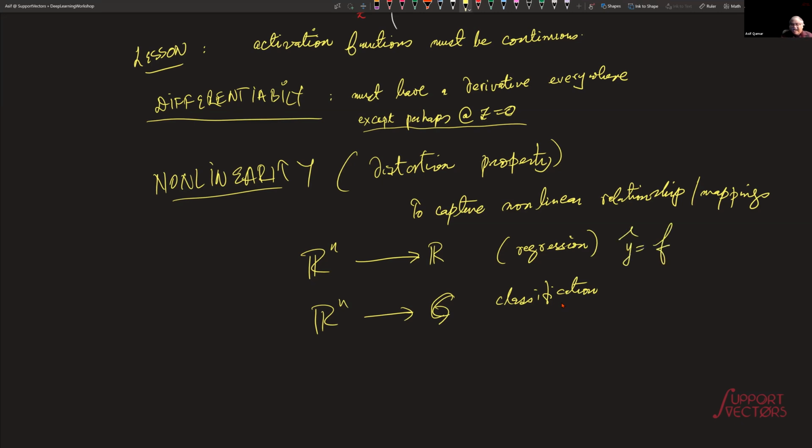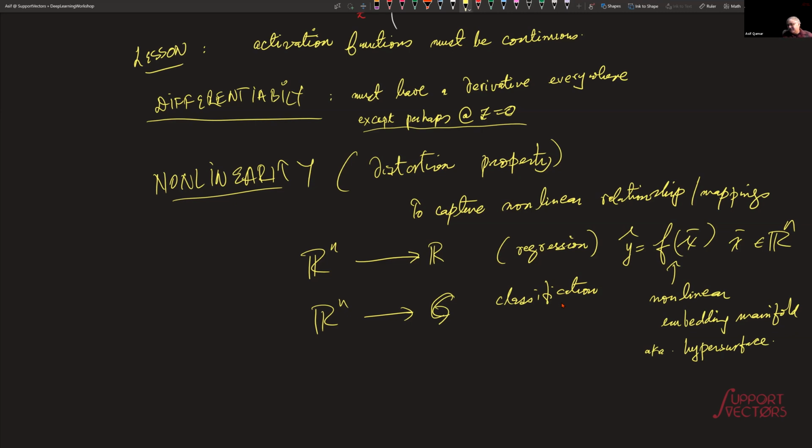You would say y hat is some nonlinear function of x, where x vector belongs to the input feature space, which is n-dimensional. So your function should be able to capture a nonlinear embedding manifold, a hypersurface. You do need distortion, a neural network with distorting outputs, nonlinear activations.